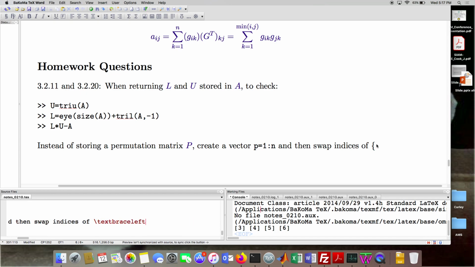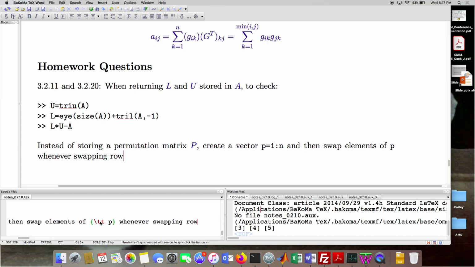Swap elements of p whenever swapping rows of A. So whenever you do a row interchange, swapping rows J and Q of A, swap elements J and Q of p. That way p is implicitly a record of row interchanges.